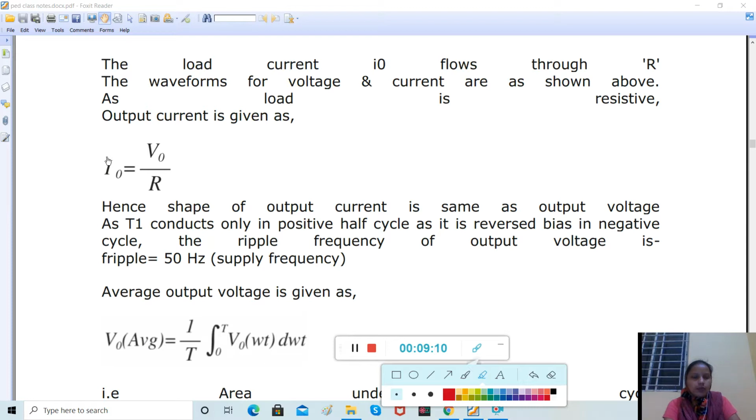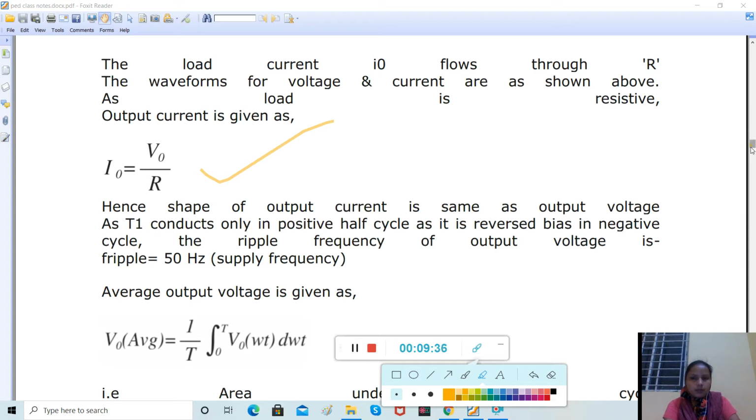So I0 you can find out as V0 divided by R. This is the equation for I0. V0 represents the average output voltage and I0 is the average output current. And here the ripple frequency of the output voltage is 50 Hz.